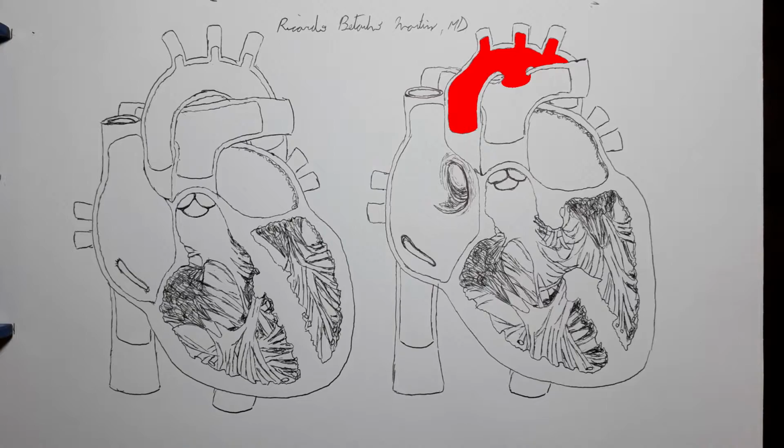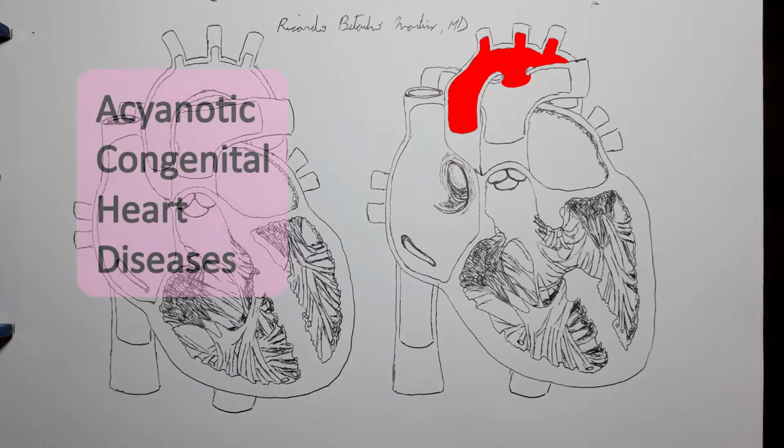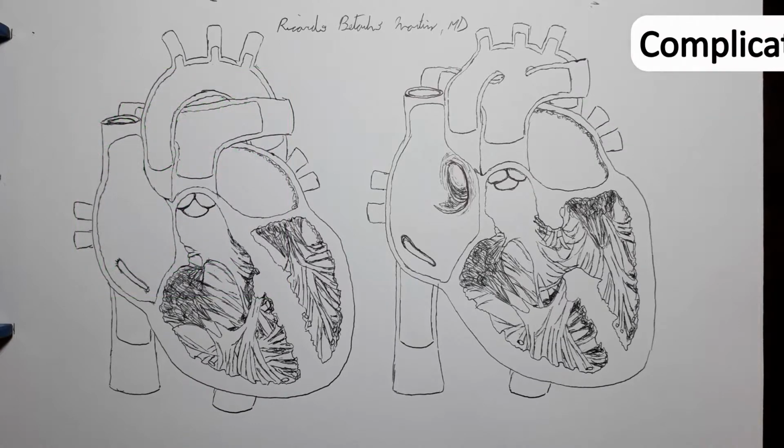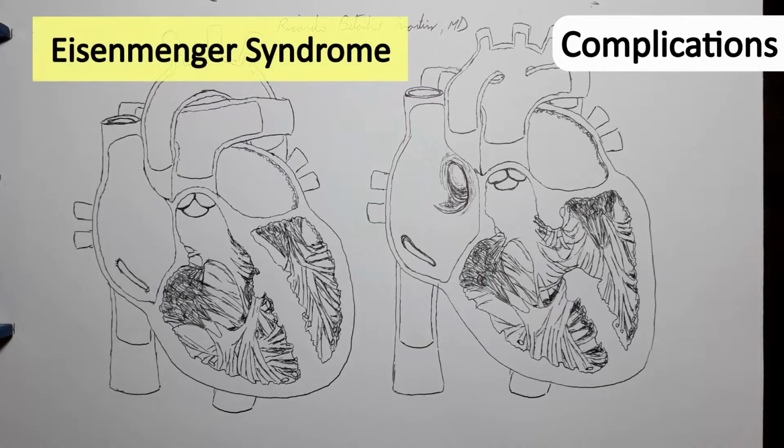That is why these, that are some of the most common cardiac abnormalities found overall, including in neonates, are considered acyanotic congenital heart diseases. That will be the case, at least, until Eisenmenger syndrome, one of the late complications, develops.